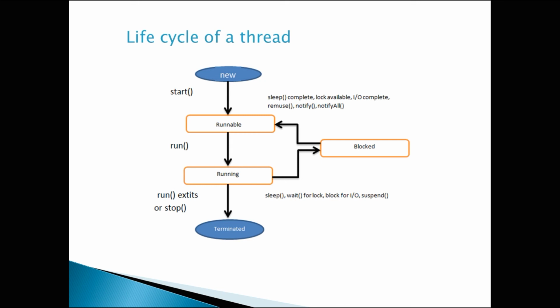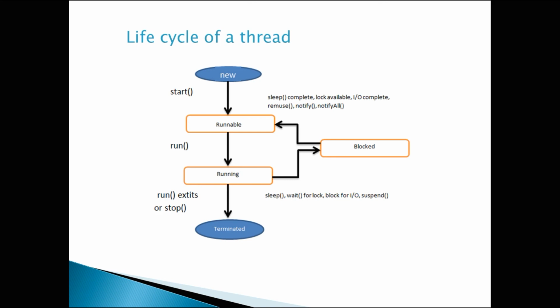While running, the thread may go to the blocked state by calling the sleep method, the wait method, by blocking for IO, or by calling the suspend method. Once it completes its sleep, or the lock is available, or IO completes, or by calling resume or notifyAll, it will go to the ready to run state again.